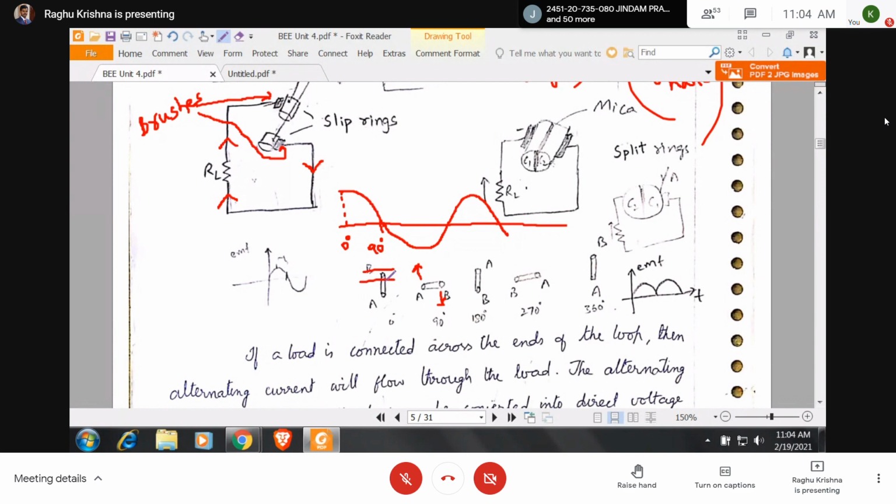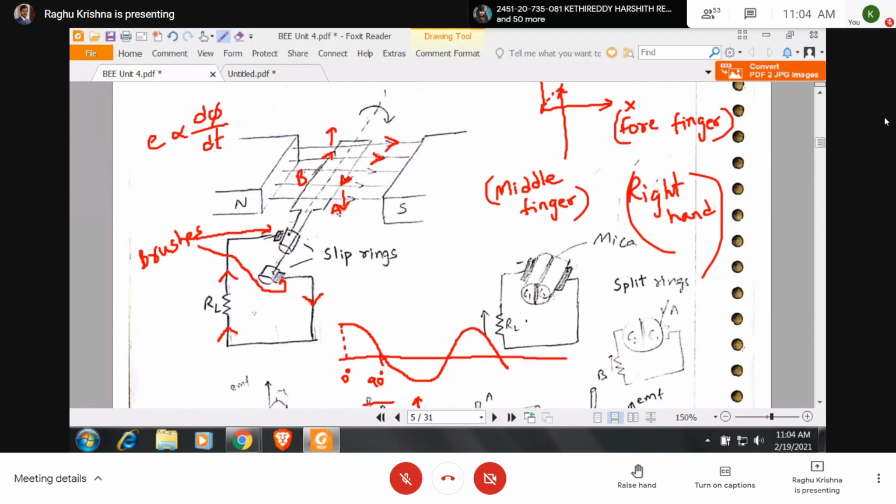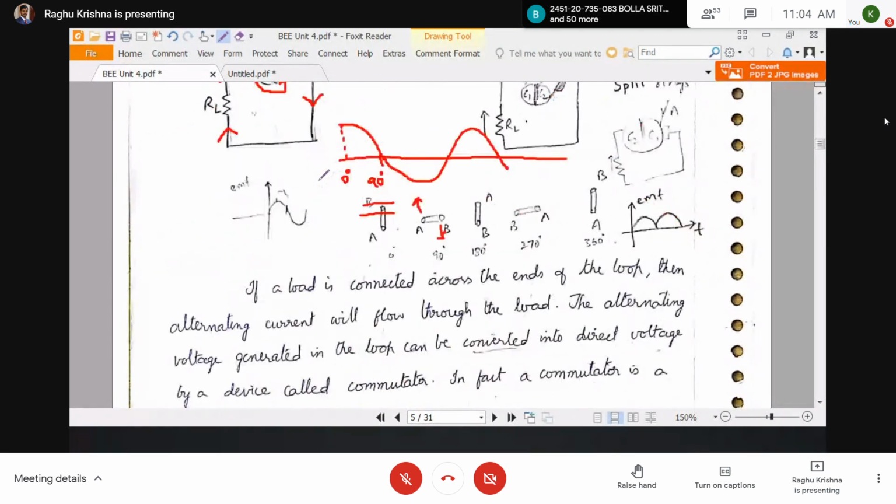So here at this position, when the conductor B moves upwards and the plane of the coil is parallel to the lines of force, it will be cutting the maximum lines of force. After 90 degrees, B will be moving parallel to the lines of force. See here, this is the conductor B. Is it clear?